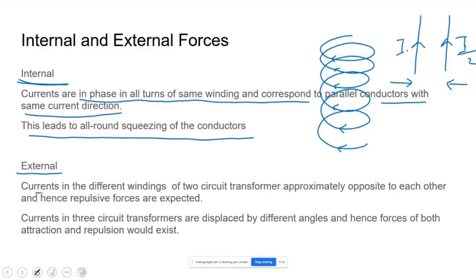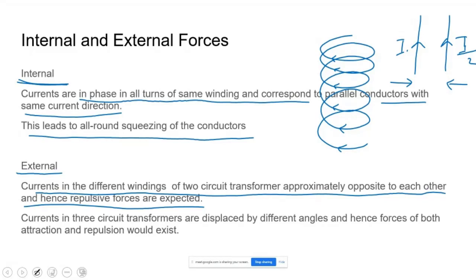Currents in the different windings of a two circuit transformer are approximately opposite to each other, and hence repulsive forces are expected. One winding and the other winding will be in exact phase opposition. A little bit of difference may be there, but that can be neglected.